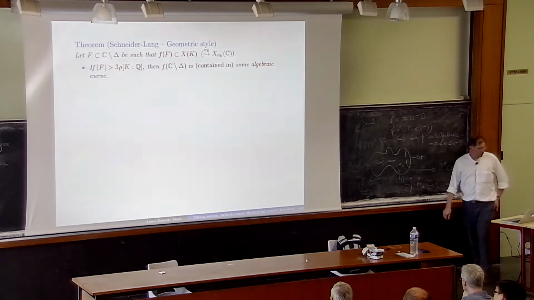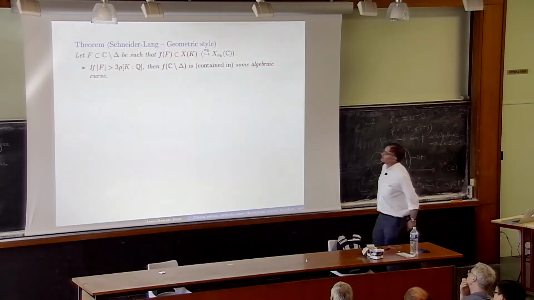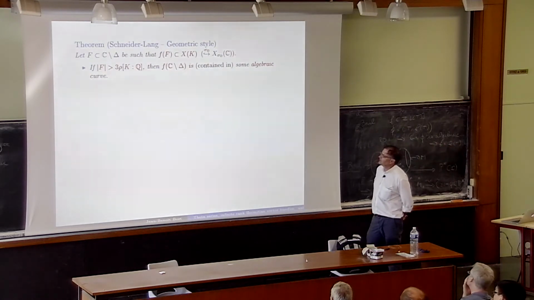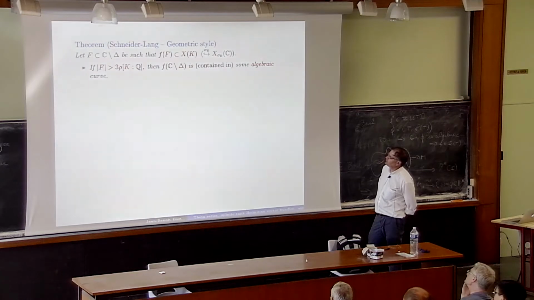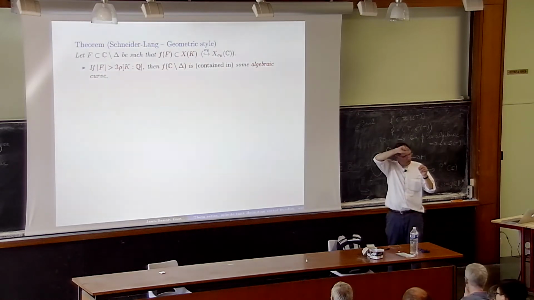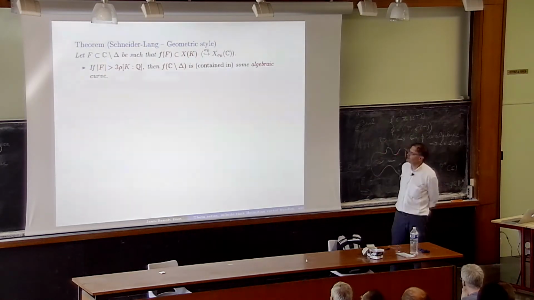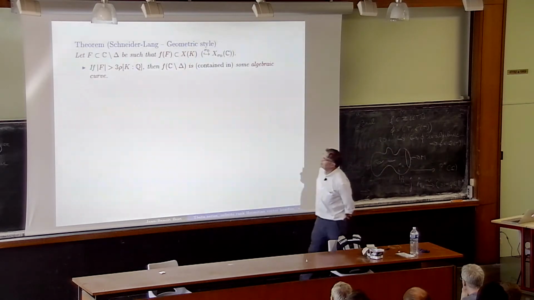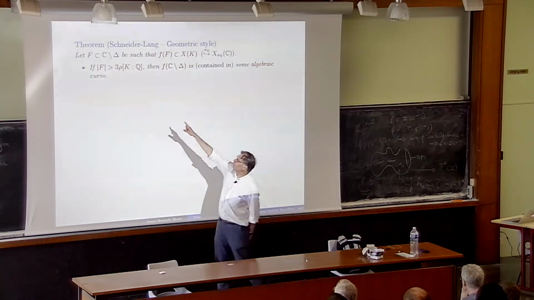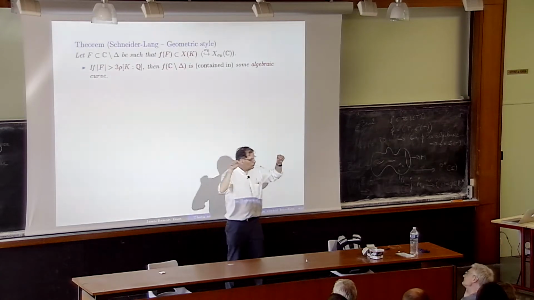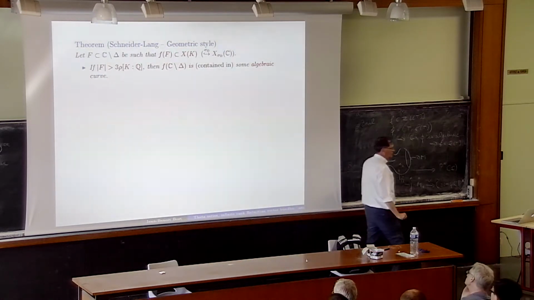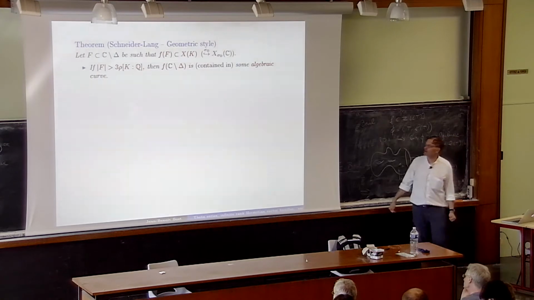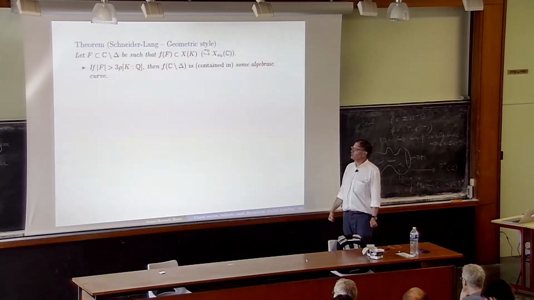So the theorem of Schneider-Lang tells you that if this set of points with image in the rational points by this integral curve of the foliation is large enough, and the large enough condition involves rho, the Nevanlinna growth of f at infinity, and the degree of the number field.